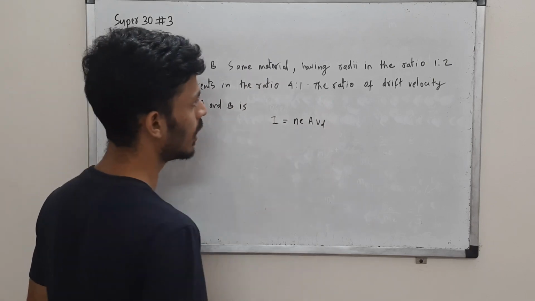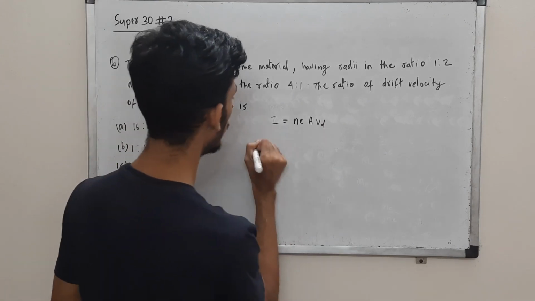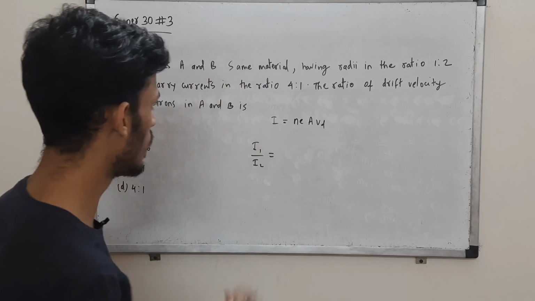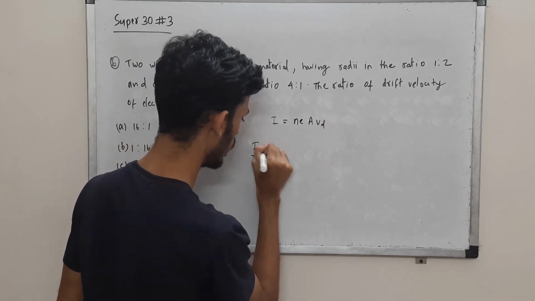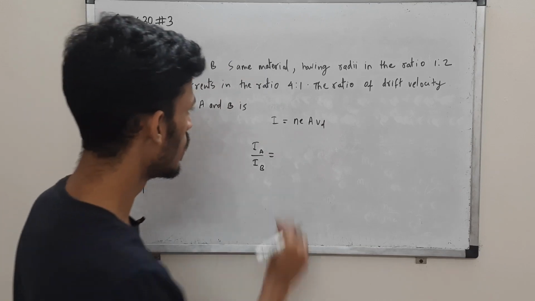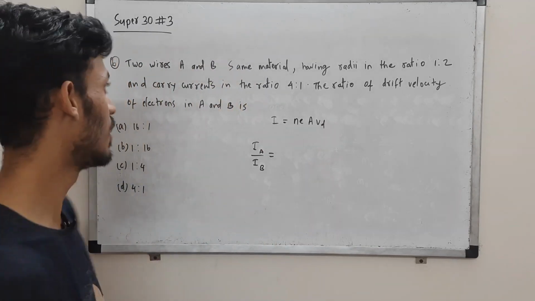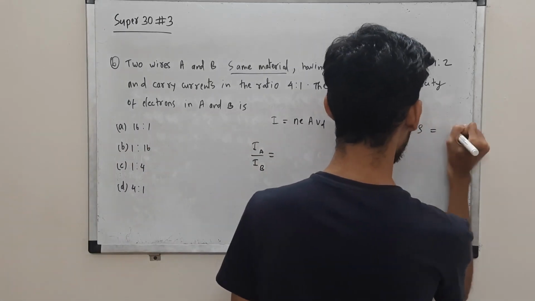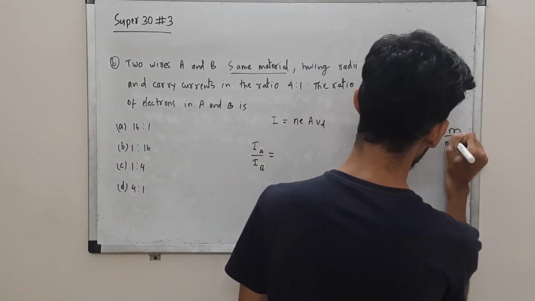You are just supposed to find vd1 by vd2, or you can actually take I1 by I2. I can say A and B, that will be better because those are wires A and B. So ne will be the same in both the wires, right? Because it is the same material. For the same material, the resistivity relation is m by ne square tau.